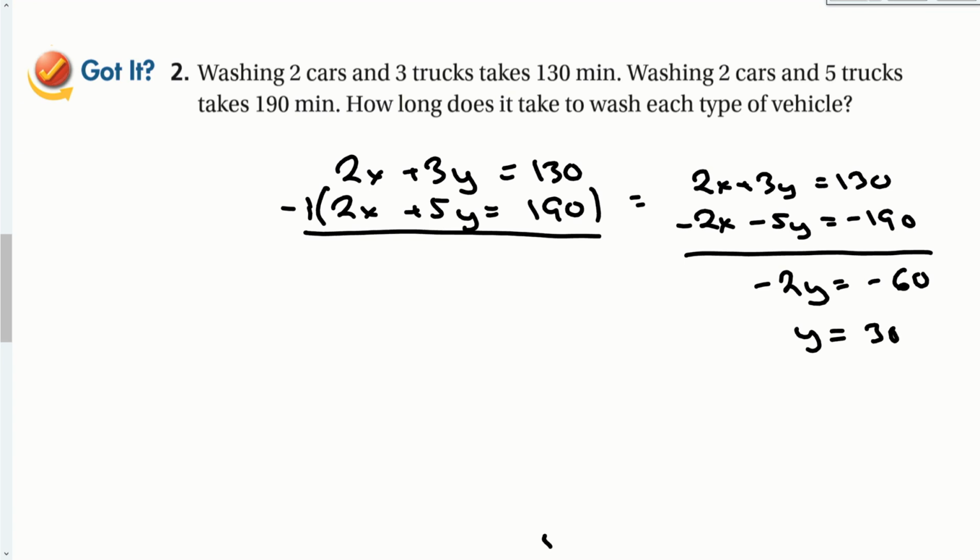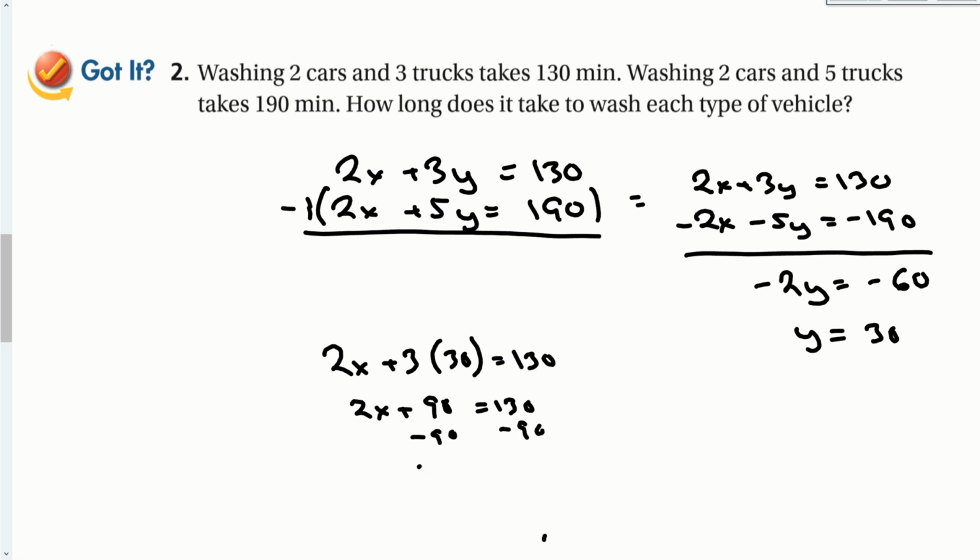Plug it back in. That 2x plus 3 times 30 is 130. 2x plus 90. Subtract that out. And x is 20.